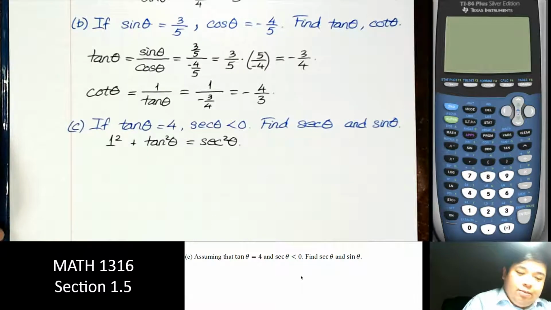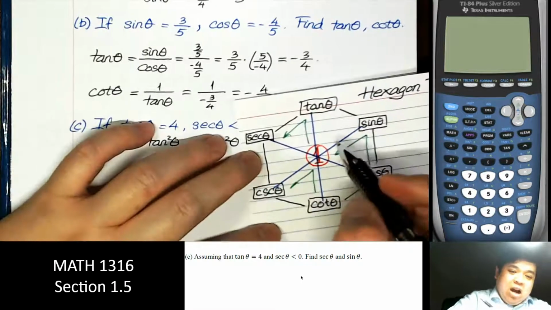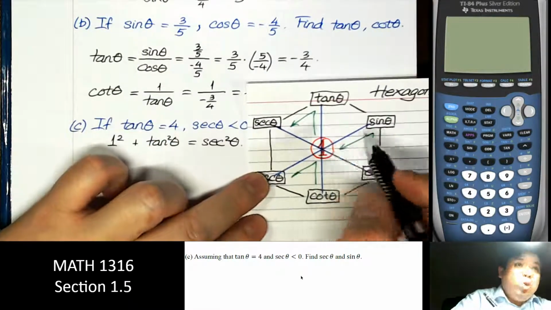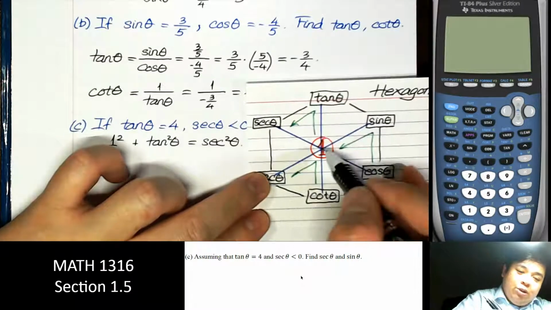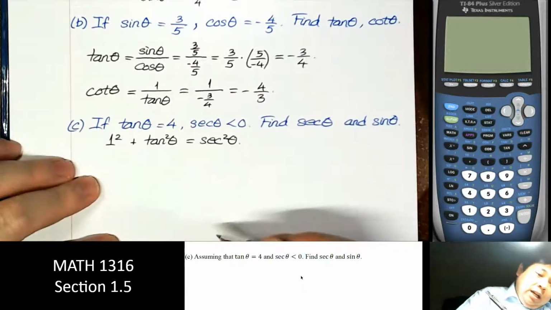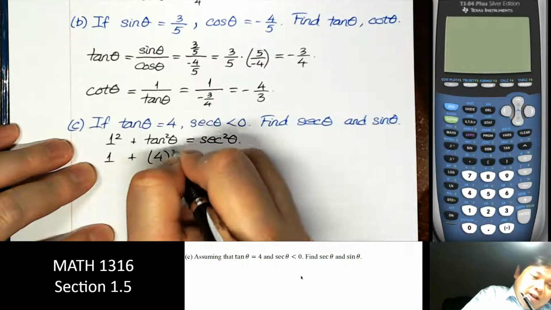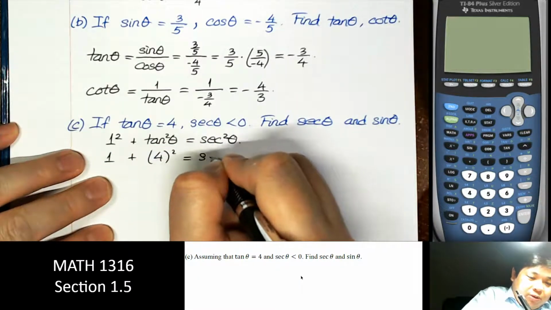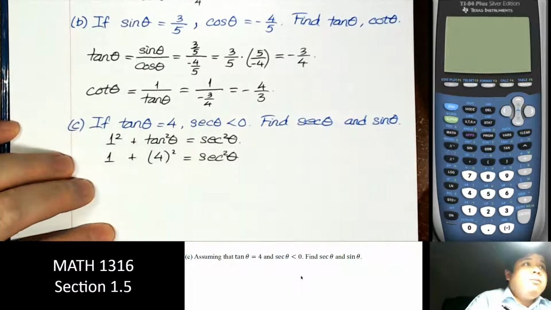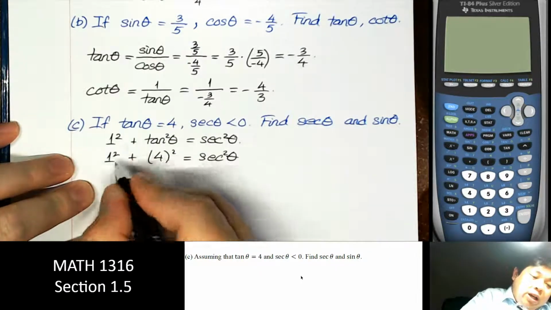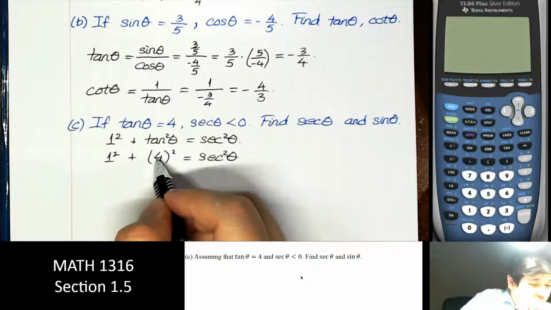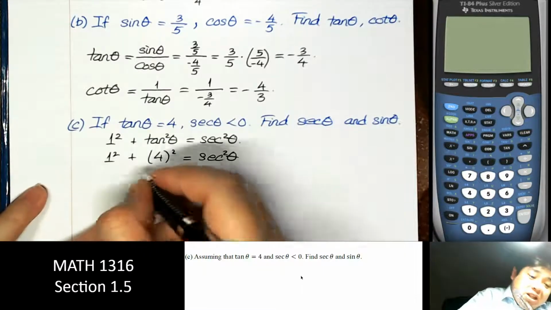There are 3 of them: 1, 2, and 3. 1, tangent squared, 4 squared, secant squared, don't know. So 1 squared is 1, 4 squared is 16. So this is 17.